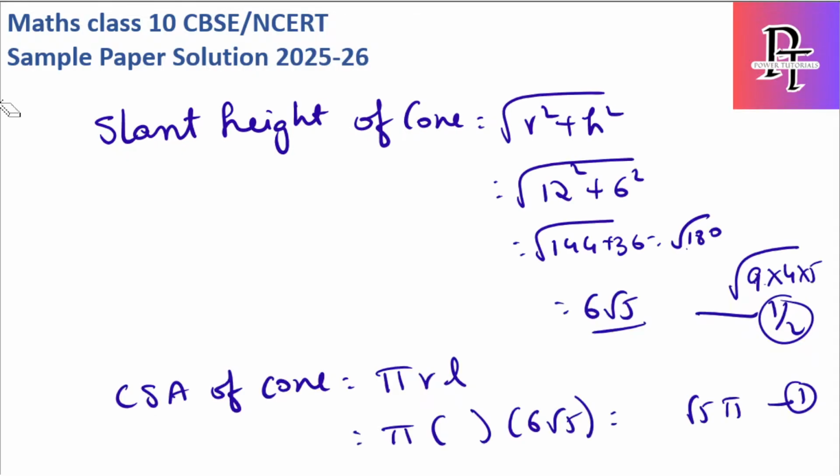So make sure you're doing the values properly, or else even a small mistake can go wrong. Okay, so the slant height of the cone is fine.